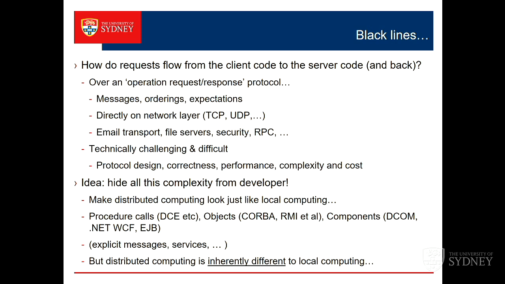But although this is a lovely thing to do, let's hide the complexity, the unfortunate truth is that distributed computing is nasty. And although we can hide the complexity, it really is inherently very different to local computing.